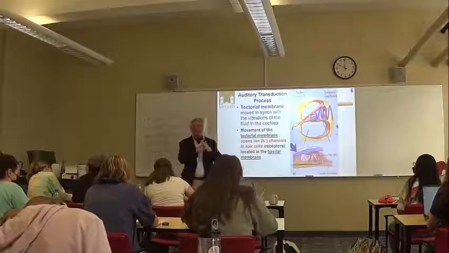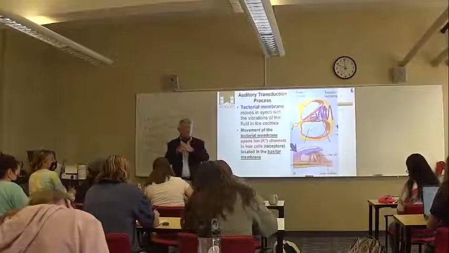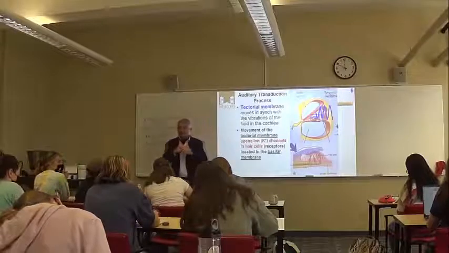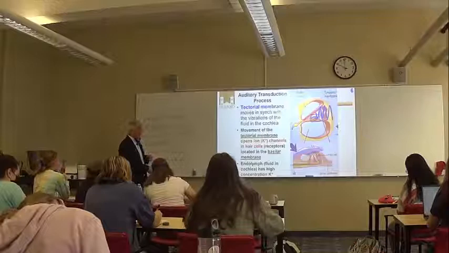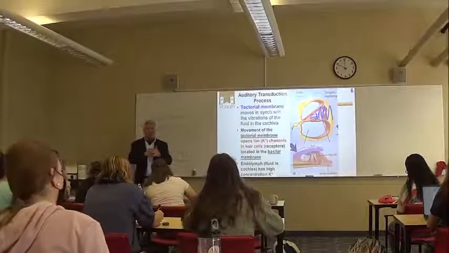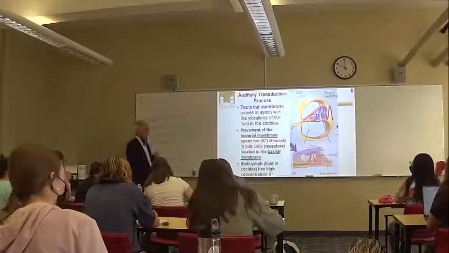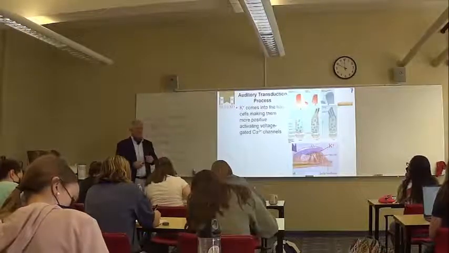And if you remember back to the vestibular system, when we talked about force opening and closing those channels, it happens the same way. It's the force of the tectorial membrane bouncing up and down that is going to allow that fluid to come in. And again, here it's potassium, but potassium is positive. That's going to depolarize those cells and we're going to release neurotransmitters.